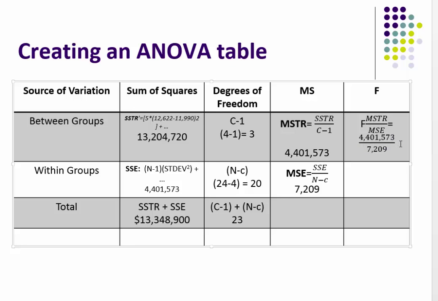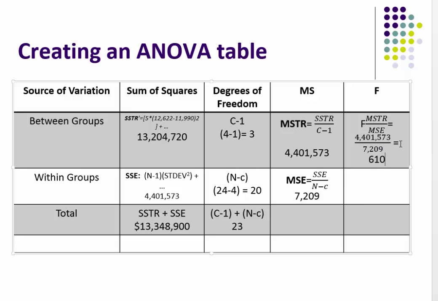And that is going to give us an F of 610.57. So if we were to use the rule of thumb that I had given you in class, that anything greater than 3 is perfectly sufficient, what do you think? Do you think there is a difference between these groups? Sort of looks like it.